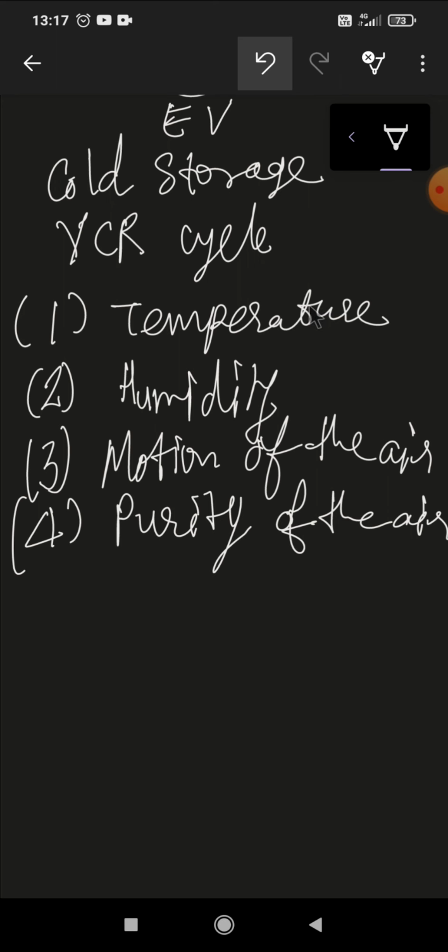Now, prior considerations in deciding inside conditions of a cold storage. What conditions do we need to design before putting in the foods?